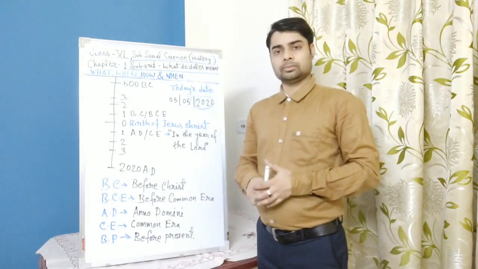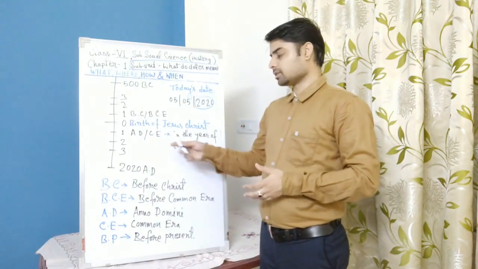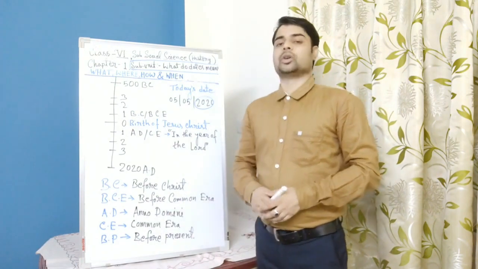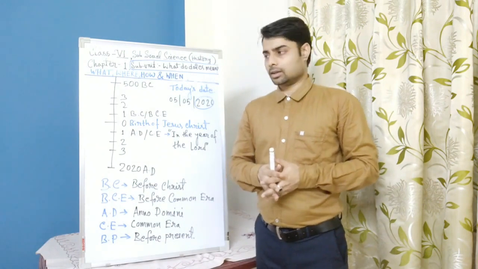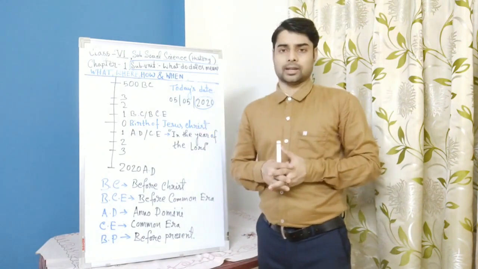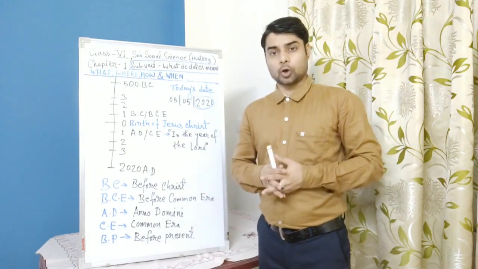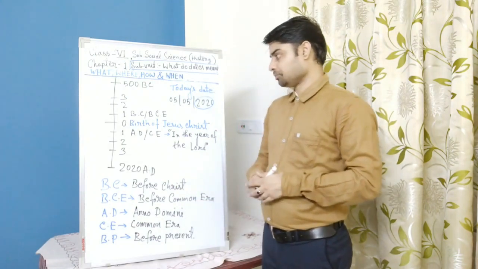It is also denoted as CE. What is CE? The full form of CE is Common Era, because most of the countries accepted this Christian calendar, and that's why it's called Common Era or CE.